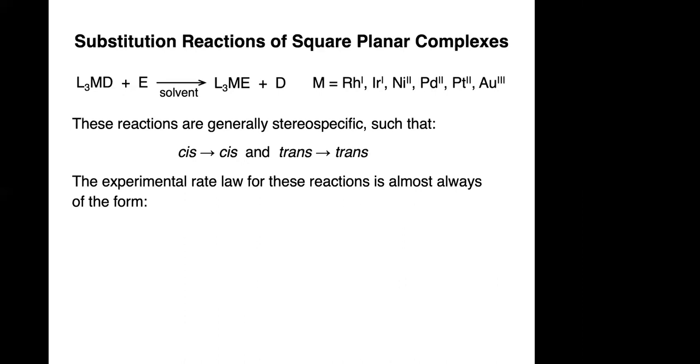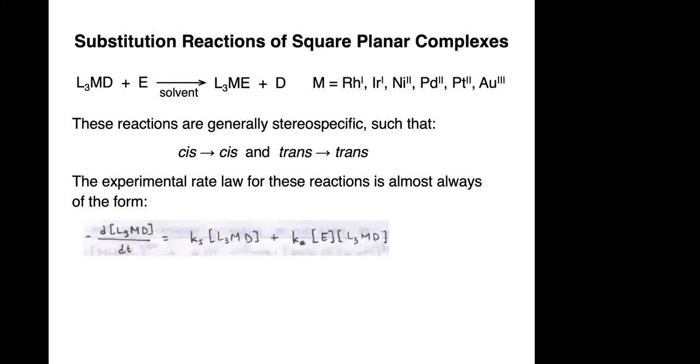And the experimental rate law for these reactions is almost always observed to have the following form. It's going to have two terms. The rate of the disappearance of the reactant to go on to product is going to be equal to some rate constant Ks times the concentration of the starting complex, plus a second term, which will have another rate constant Ke.